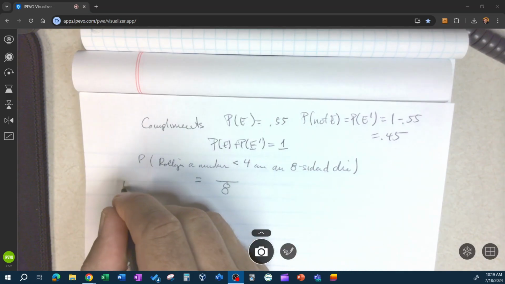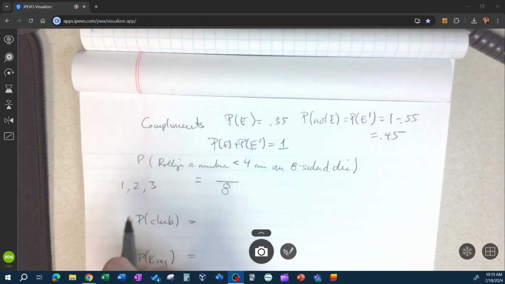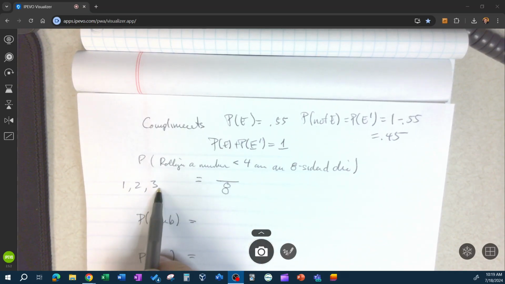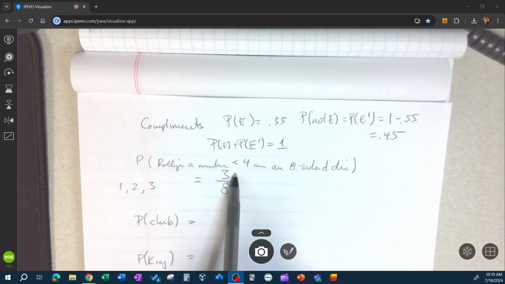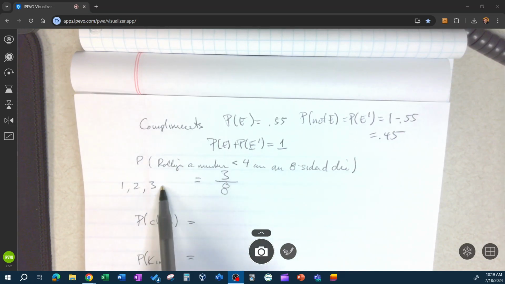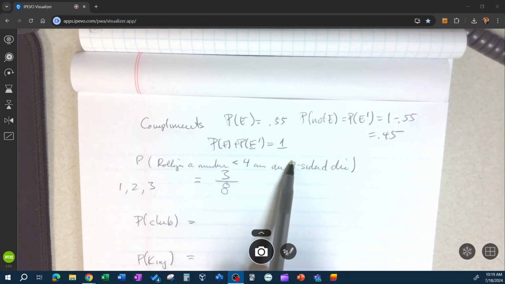So that could happen if I roll a 1, 2, or 3. Right? So the numerator is going to be 3, because there's 3 possibilities of this event.